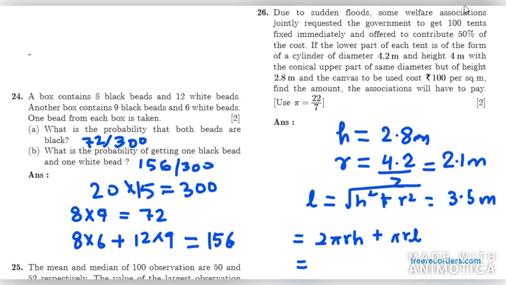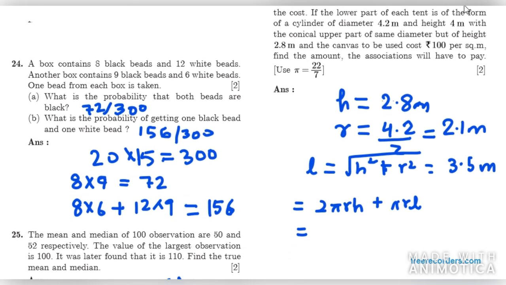Putting all the values in it, 2 into 22/7, r for the cylinder is 2.1, then h is 4, plus pi r l, 22/7 into r, that is 2.1, then into 3.5.